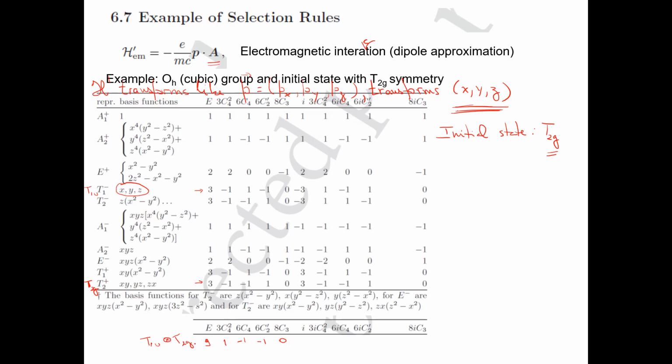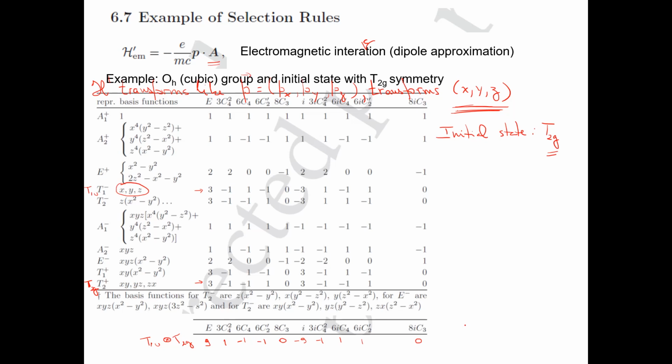And since I know that this must be an odd representation, because it's the product of an odd and an even representation, for the classes in which I combine with inversion, I must simply have the opposite sign here. Minus 9, minus 1, 1, 1, 0. Okay, so these are the characters of the direct product representation.